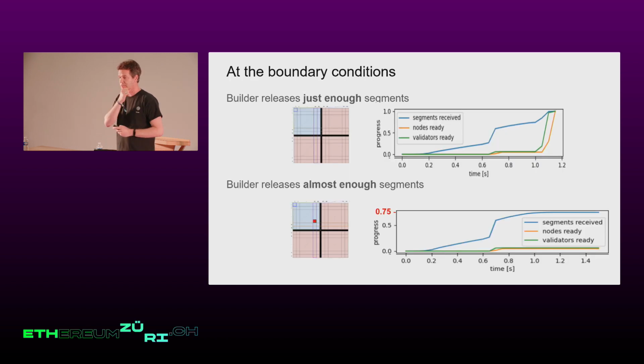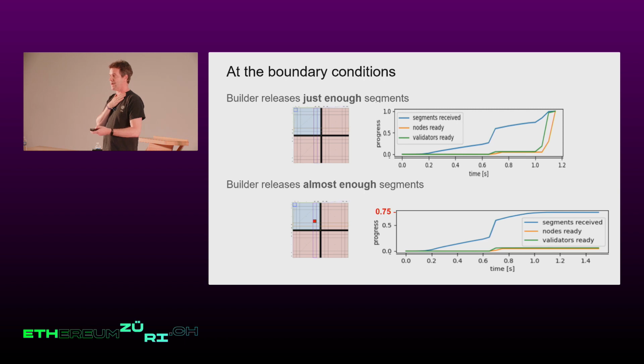Another example of the simulator is checking boundary conditions. What you see on the top is something which we know is repairable and available. What you see at the bottom is something which we know is not repairable and thus should not be available, should not be validated.